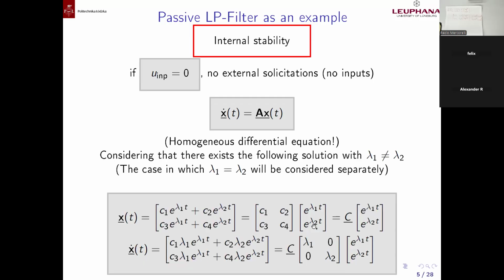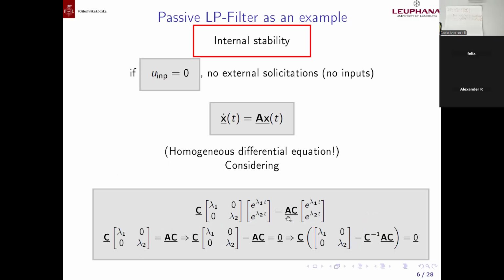Why that? Because x we wrote in this form here. Excuse me for the mismatch in the notation here. This C here is C bold, let me say. Not cursive but bold, but it's the same C, believe me. This is the matrix of the constants C1, C2, C3, C4. I don't know if it's clear.